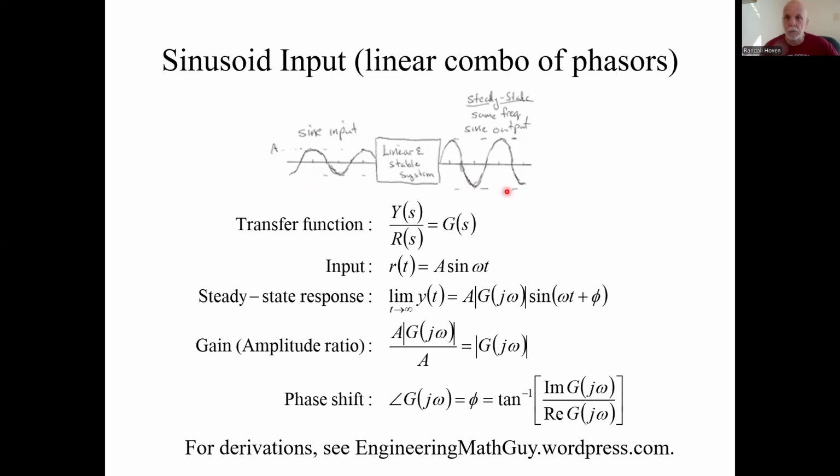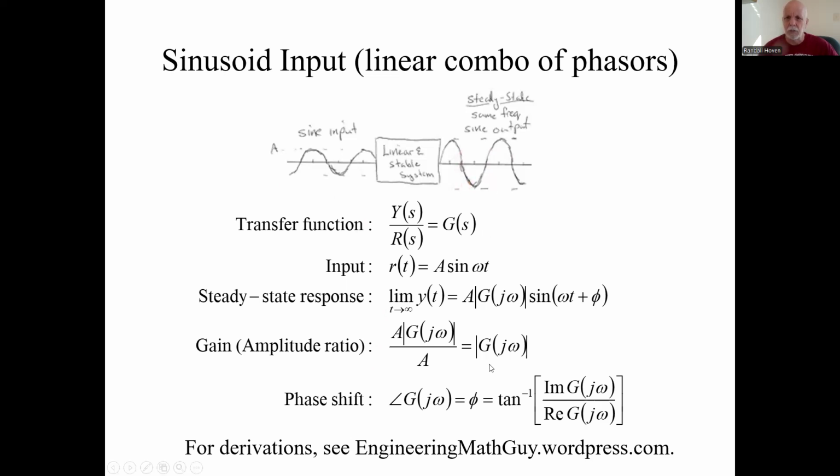And there we get a similar result. In steady state, meaning as time goes to infinity, the output is a sinusoid with the same frequency as the input. And it turns out the only thing different then is the amplitude of this output sinusoid and the phase of this output sinusoid.